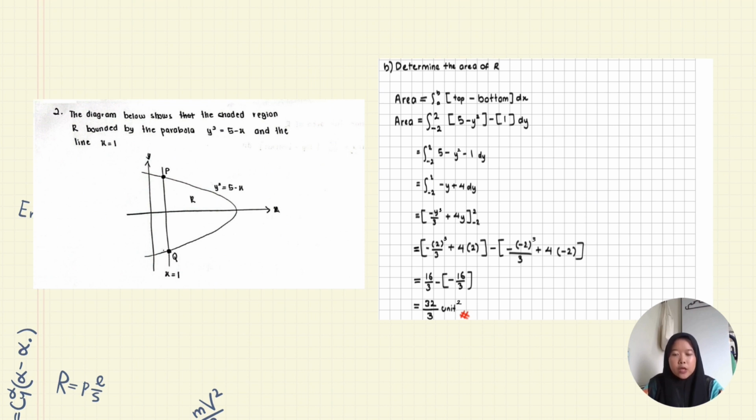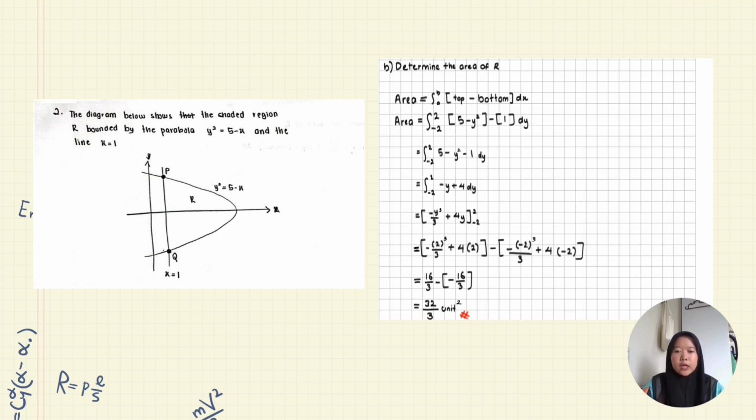And then we use the equations in the formula, which will make it the integral of 5 minus y squared minus 1 dy. For the limits a and b, we can take the points from P and Q, where for P the y-value is 2, and for Q the y-value is negative 2.